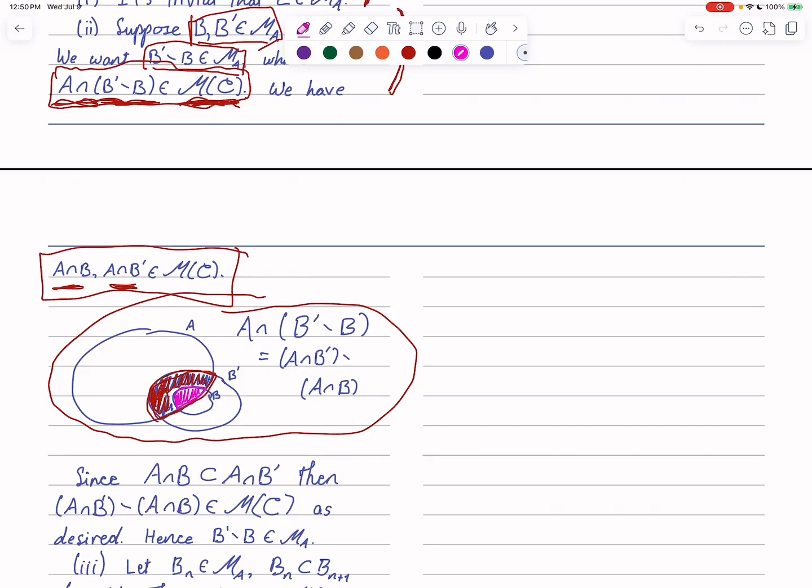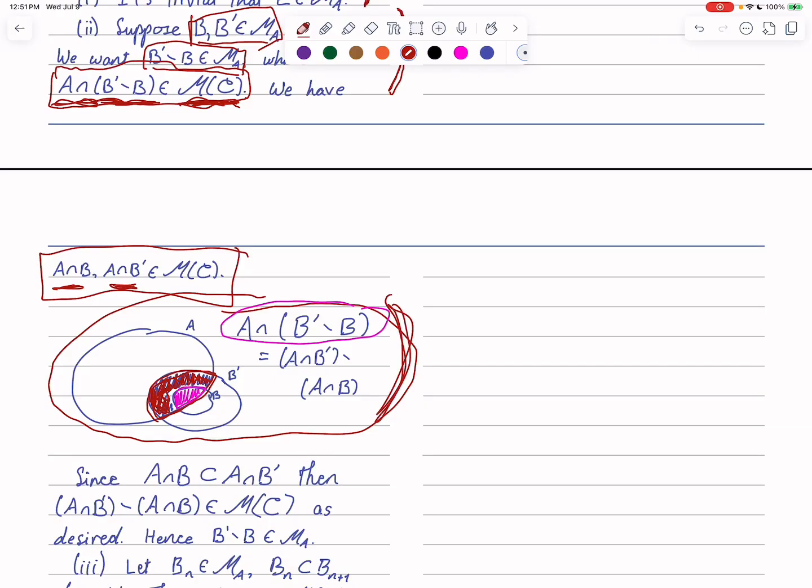The Venn diagram hopefully convinces us, and you can give a set theoretic proof to make this rigorous, that this set A intersect B prime minus B, which is the red portion that I've already shaded here, is in fact the same thing as what you would get if you took A intersect B prime and then subtracted away A intersect B. So the Venn diagram hopefully convinces you of this equation.